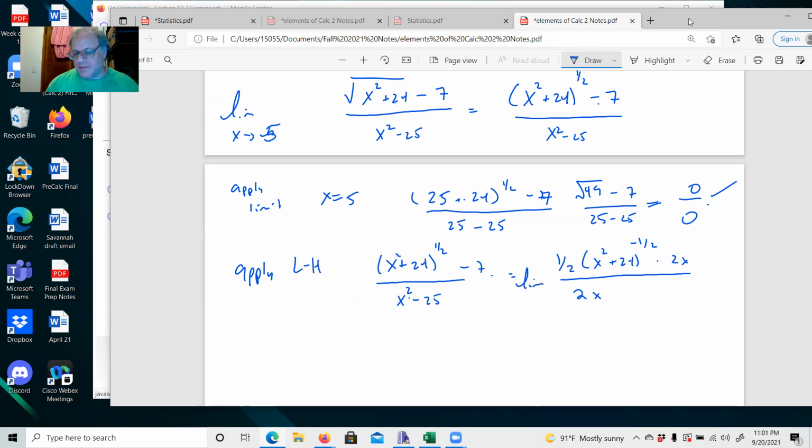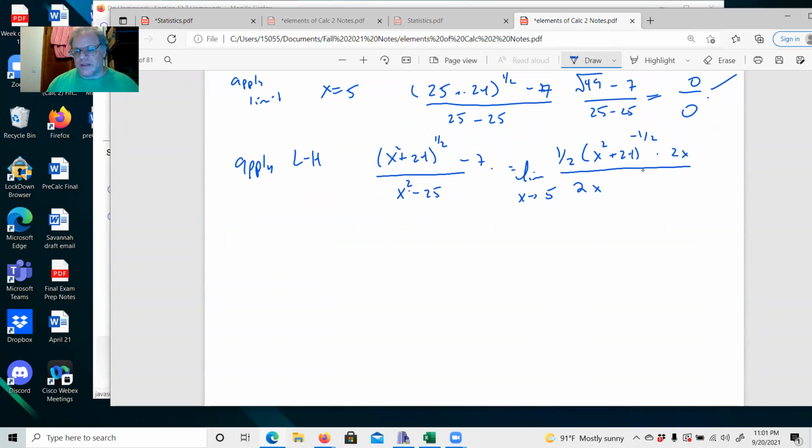My limit was x approaches 5. So let's see what happens here. We get the 2 and the 2, that disappears. So we have x squared plus 24 raised to the negative 1/2 power, divided by x.